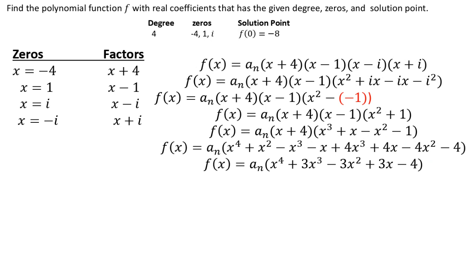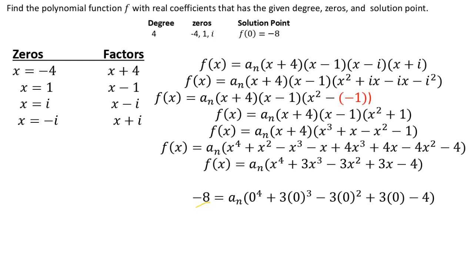How are we going to get that value? This is where this comes into play. This says that when I plug in 0 to my function, it should give me an answer of -8. When I plug in 0 to all my x values, the answer has to be -8.